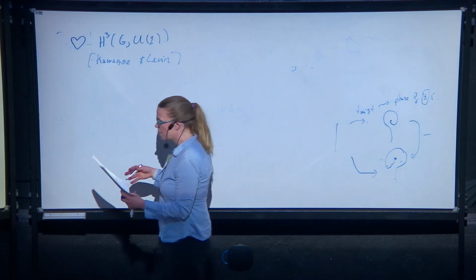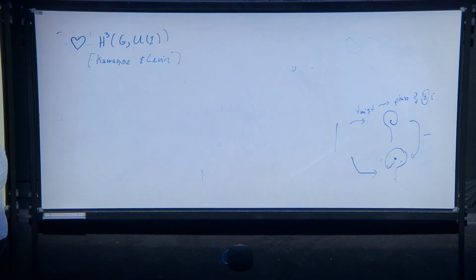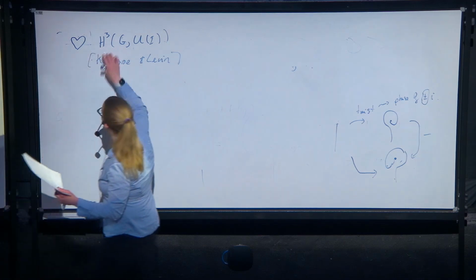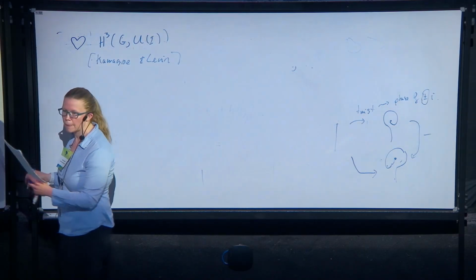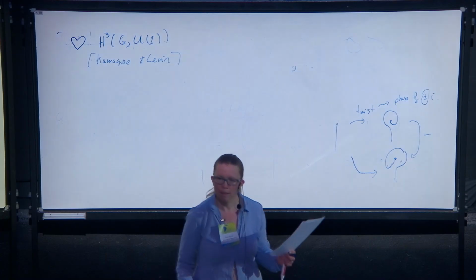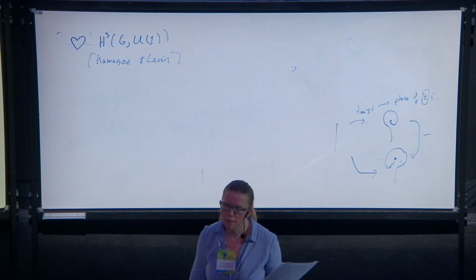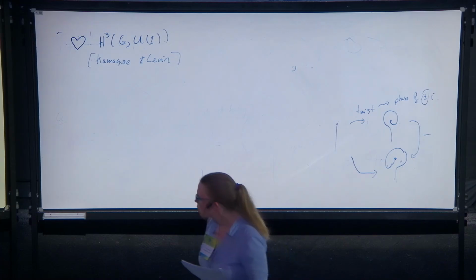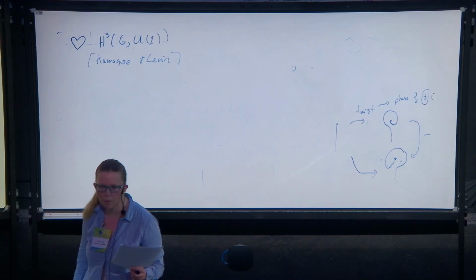So the SPT is classified by an element of H3 of your symmetry group with U1 coefficients, and you can calculate what that is explicitly using this idea. Yeah, this SPT does not have topological entanglement entropy.